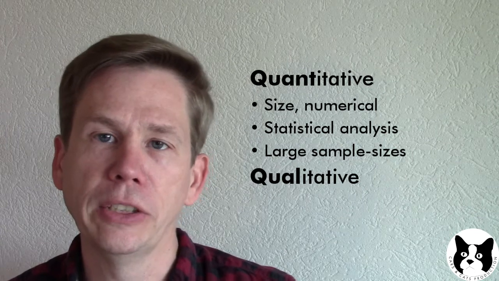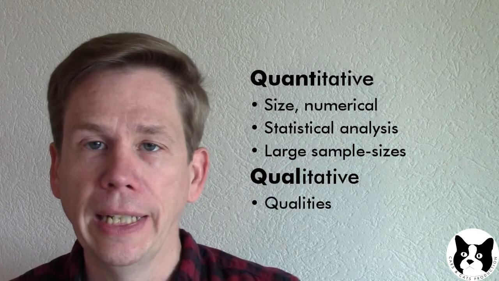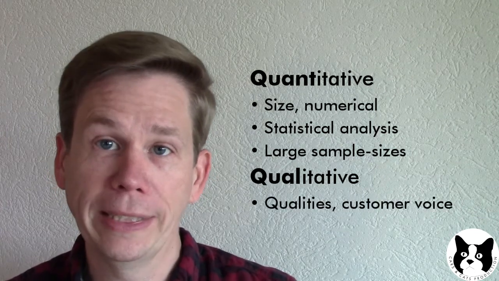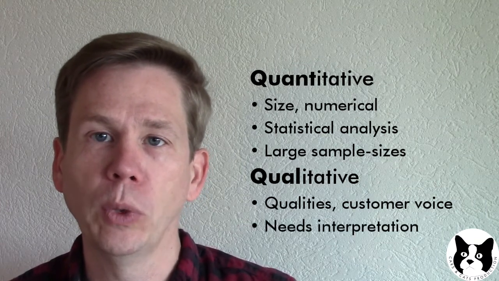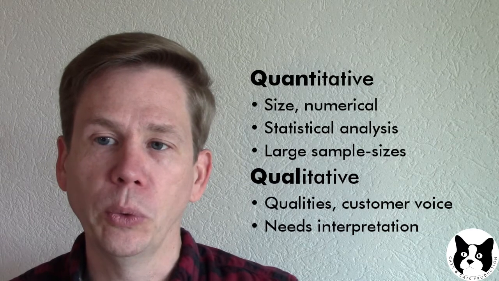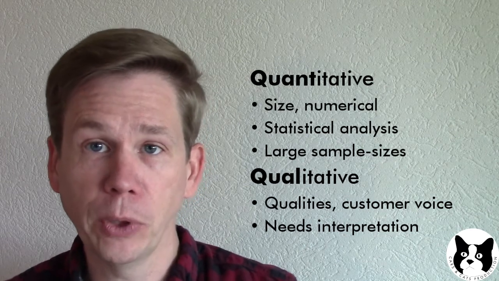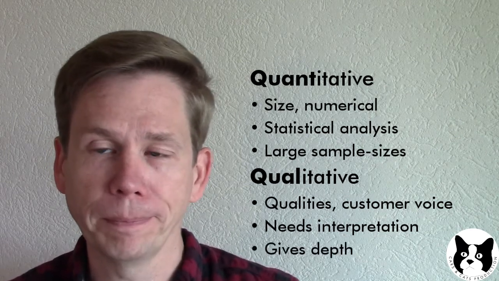Qualitative is about the quality of something. And this is really verbatim, it's customer voice. And it relies on you interpreting what the customers are saying. So this is a much more intensive process, but it gives you much more depth. And like I said, you need to use both to really understand your customers.